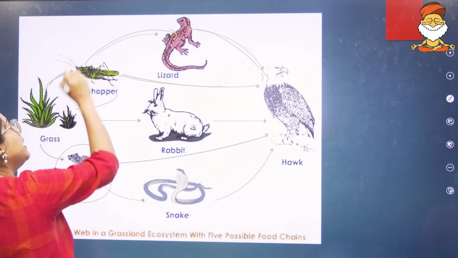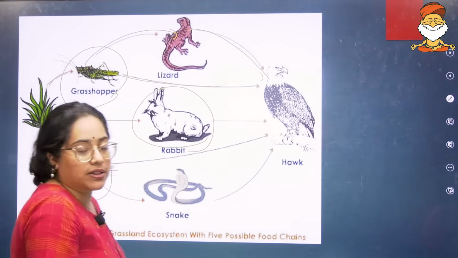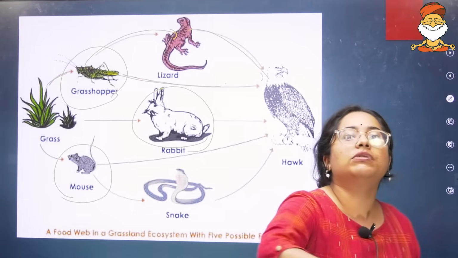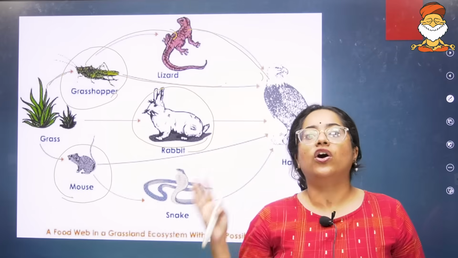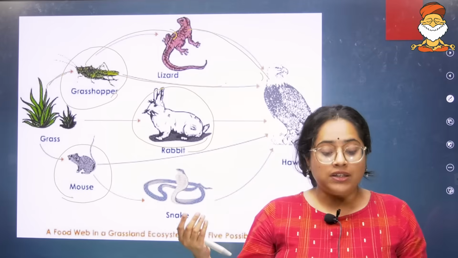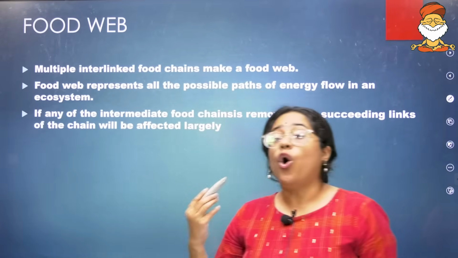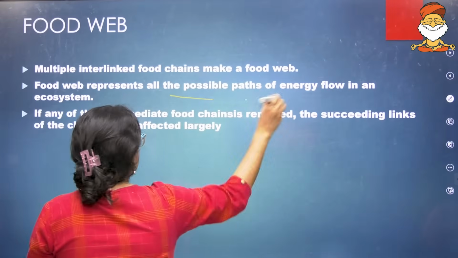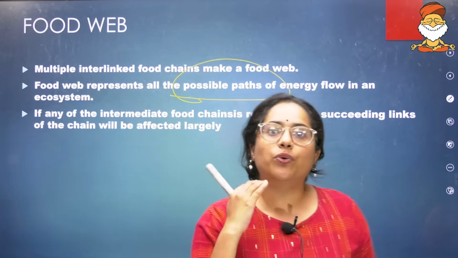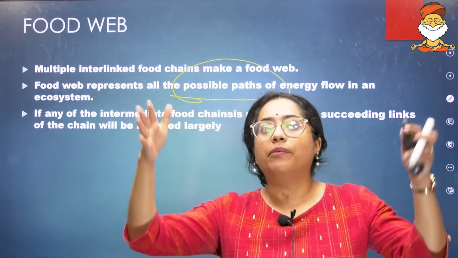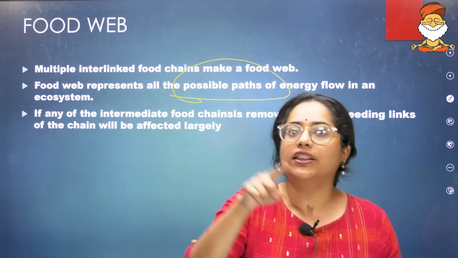The grass can be eaten by the grasshopper. The grass can be eaten by the rabbit. Okay. Now, how much or where or what part of this grass is eaten is not determined. But the point is, this is a hypothetical representation of all the possible paths of energy flow. Okay, this is where you have to understand a food web might not be directly present in all of these ways. You cannot say, okay, that is not there, that is there.